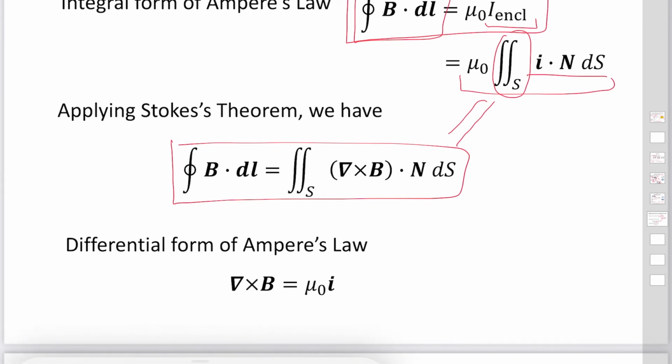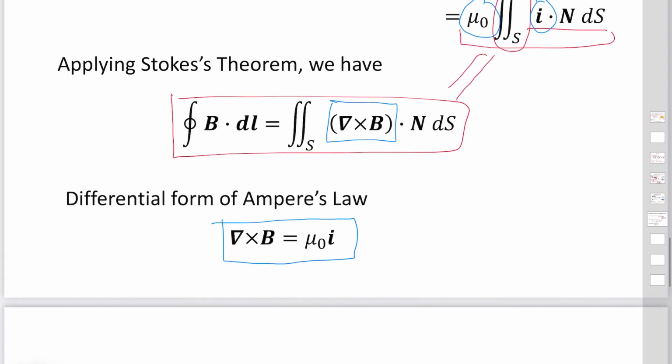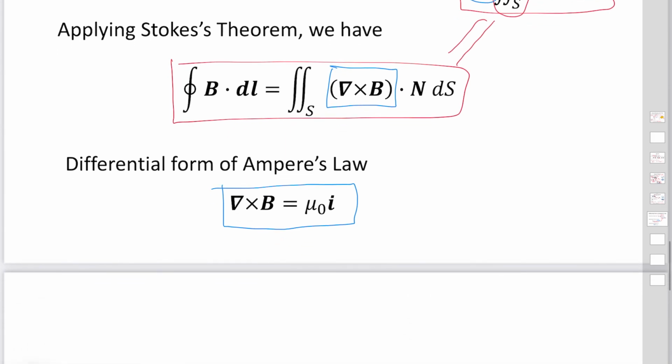Then if you look at the inside of this part, these equations have to be satisfied independent of the size of the surface. So curl B should be equal to mu sub 0 J. This is the differential form of Ampere's law.